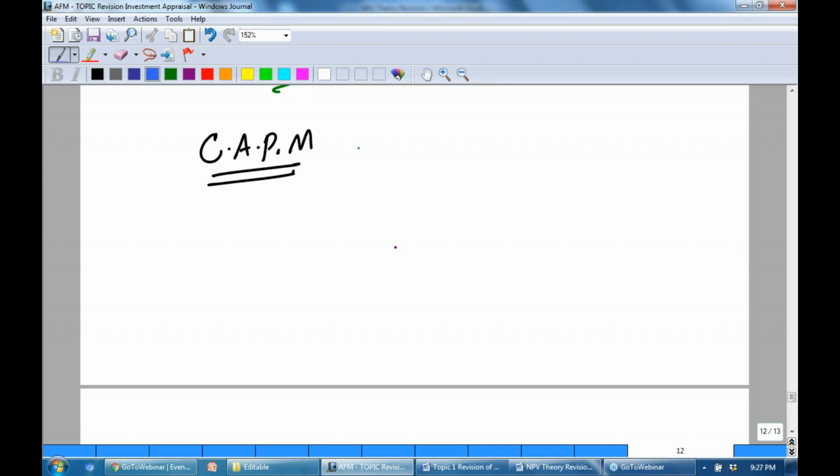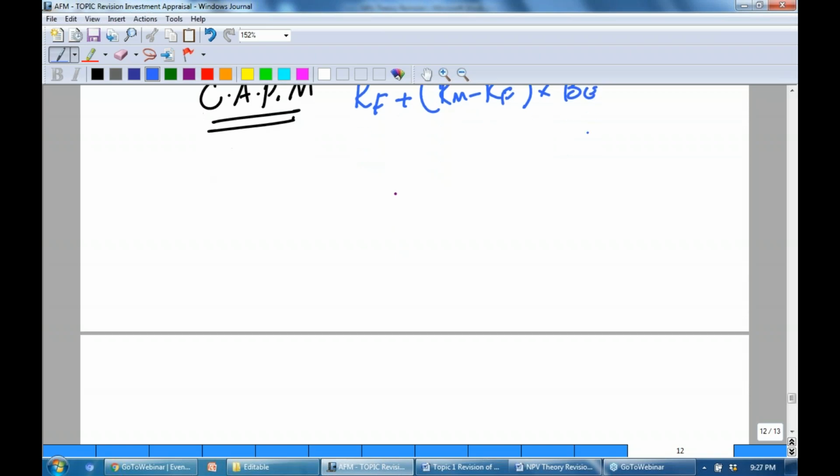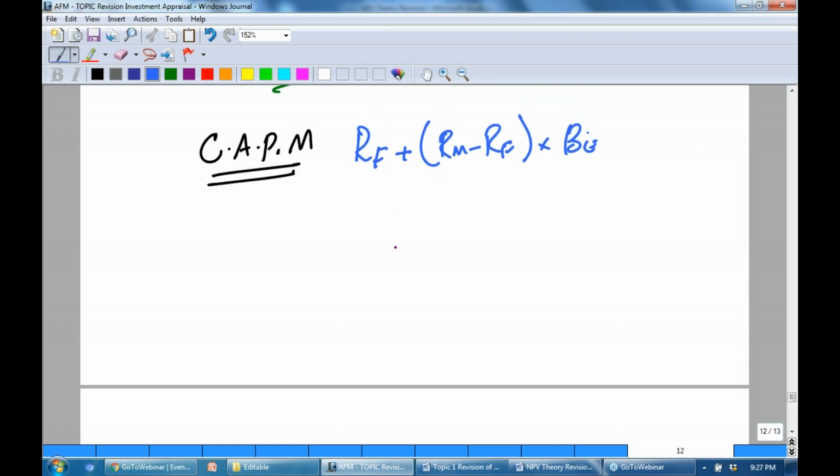The very basic formula that you know is RF plus (RM minus RF) multiplied by beta equity. With this method, we can calculate the KE. It's a very basic formula.